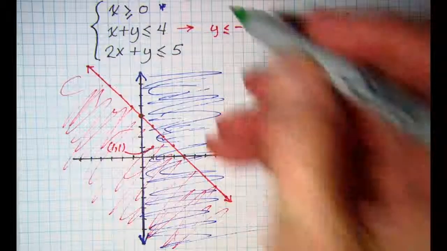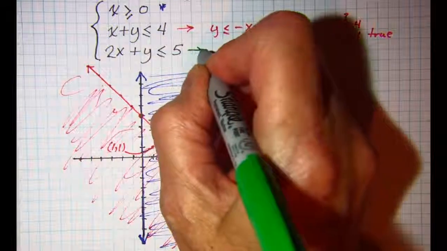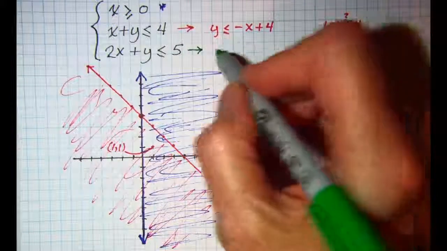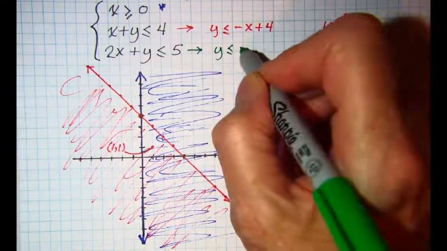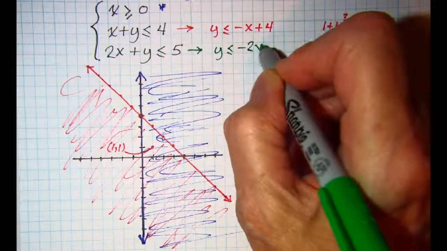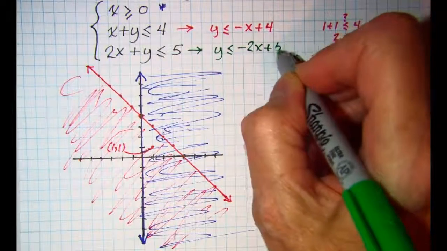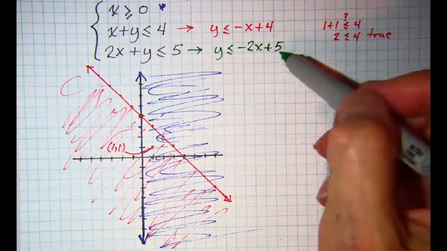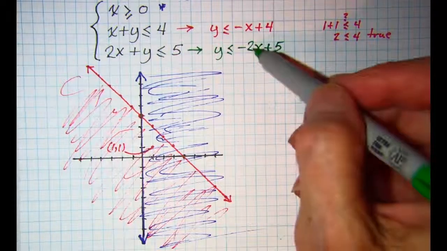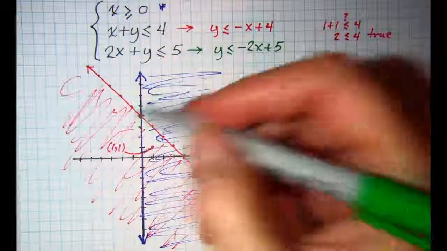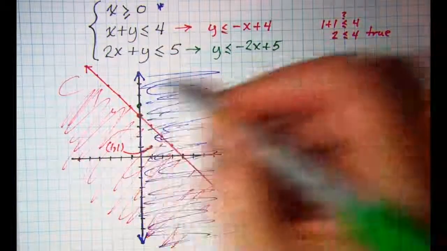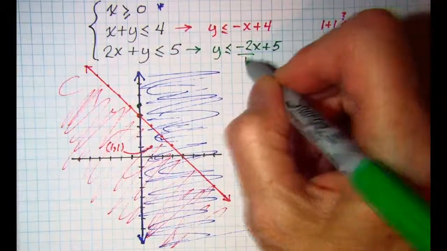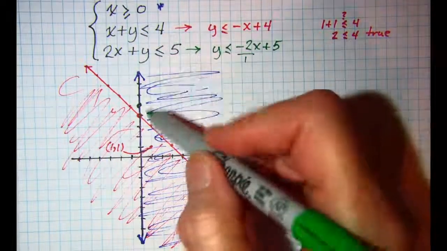My third inequality, I'll write that in slope-intercept form. So I have y is less than or equal to negative 2x plus 5. So I have a y-intercept of 5 and a slope of negative 2. Y-intercept of 5 and a slope of down 2, right 1.